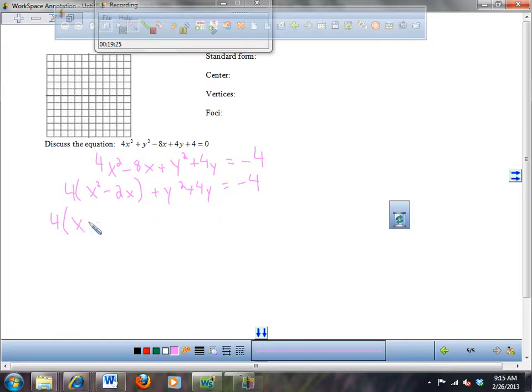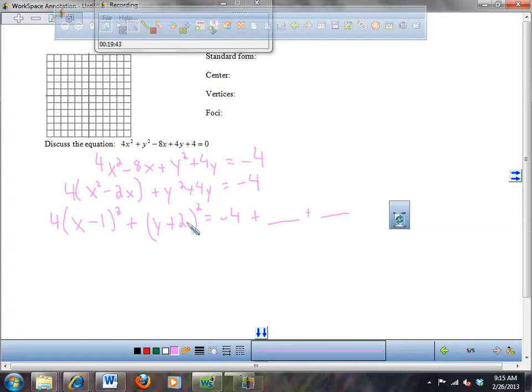So I'm going to go (x minus 1) squared, plus half of 4y, plus 2 squared equals negative 4 plus something else.